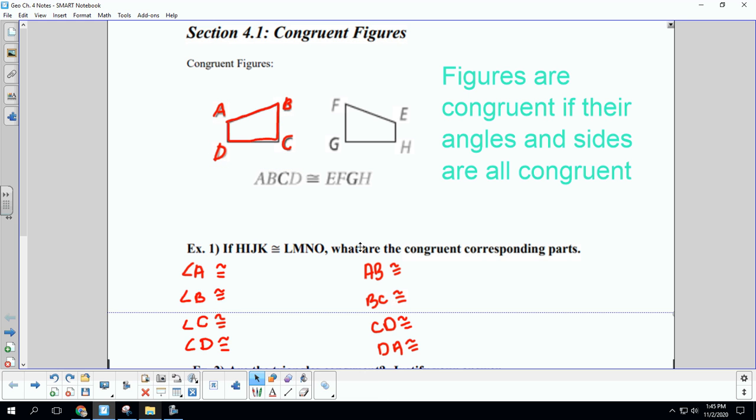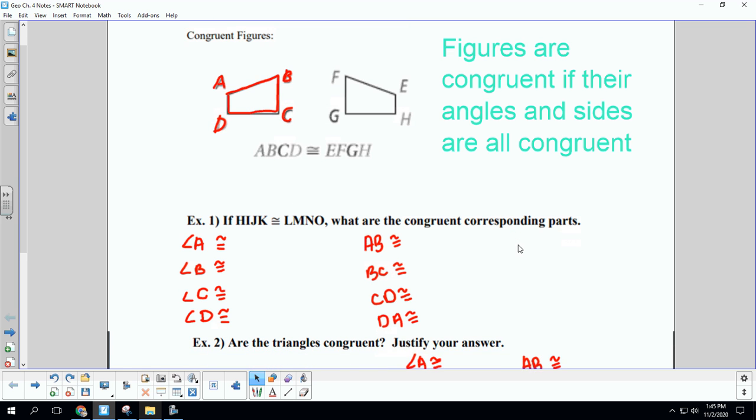Okay, so next is, if HIJK is congruent to LMNO, what are the congruent corresponding parts? All right, if we're given 4 letters, we can think of this in pretty easy terms.